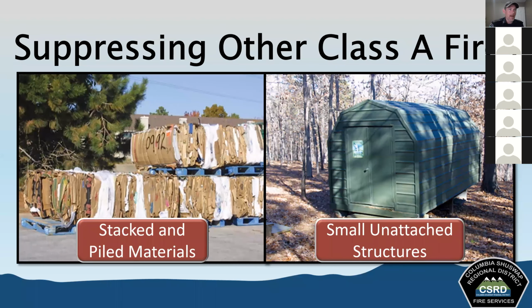The greatest danger we have with these types of material is typically exposures. Our goal in stacked or piled materials is to confine the fire to the pile or the building of origin. The fire streams, when you're dealing with piled or stacked items, should be directed at the extreme edge of the fire to control fire spread.